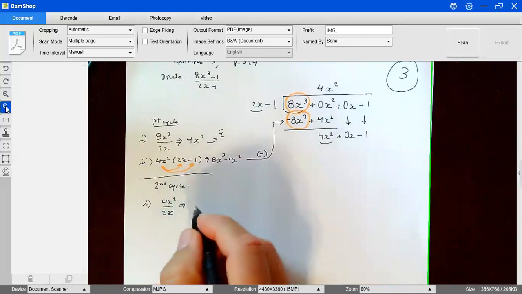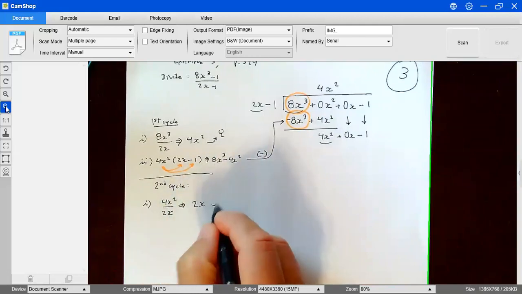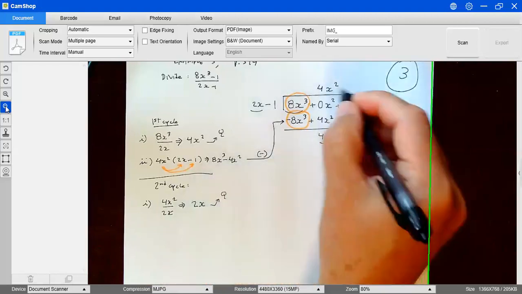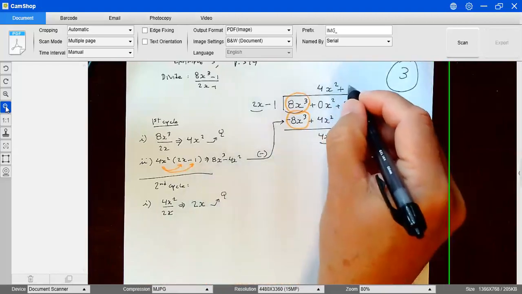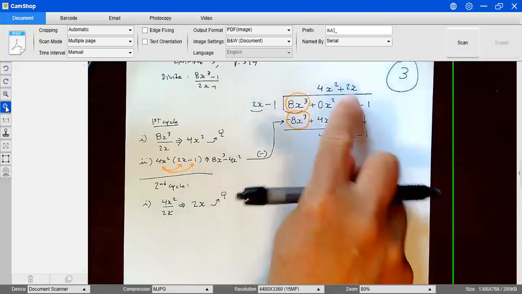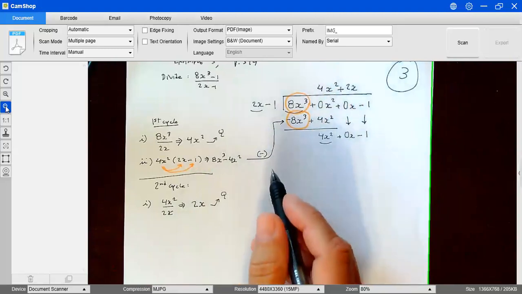So that gives us 4 divided by 2 is going to be 2. X squared divided by x is just x. So that term goes to the quotient. Again, we need to add a sign, positive 2x, because if you only write 2x, the expression is going to be confusing. So we need signs in between terms.